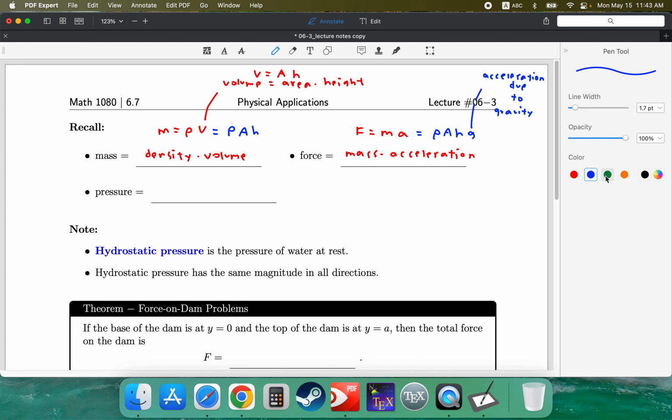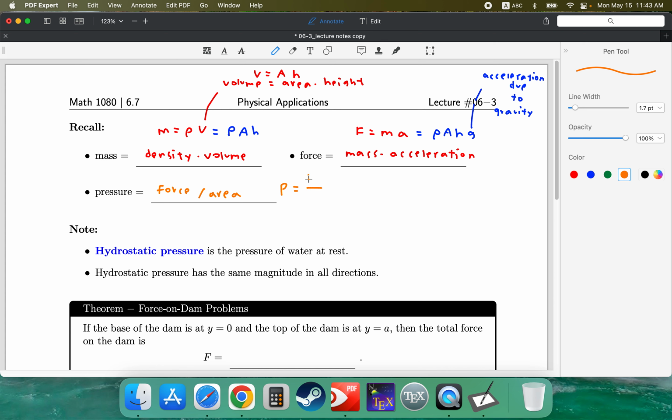Now we need one more equation from your high school physics class. That pressure equals force over area. And we write it as P. P stands for pressure.